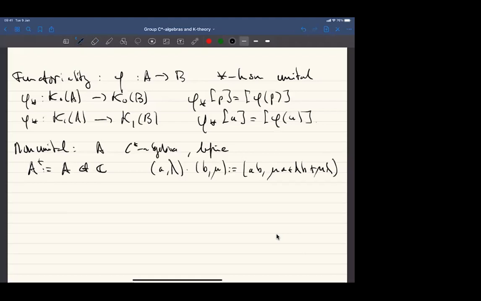So this defines a multiplication on this vector space A plus C, and you see that the components interact. So this is not just a direct sum of two algebras.